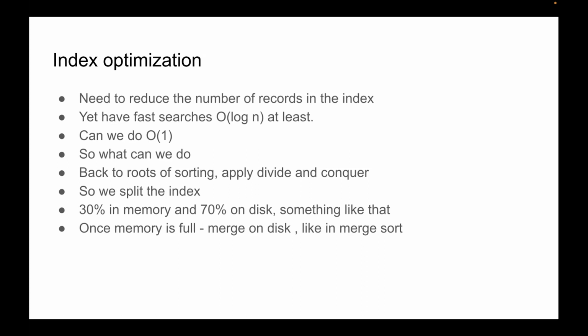And once the memory is full, once we can no longer store any more indexes in memory, we merge this to the disk, sort of what you do in merge sort, right? If we do this, we have utilized the disk and the memory to their full potential, we are able to do logarithmic searches on range-based queries, right? So we have satisfied all our requirements.